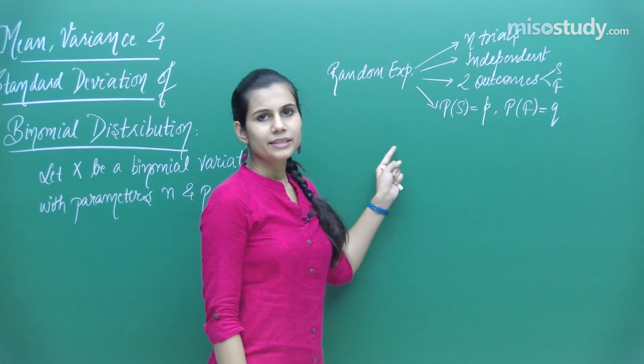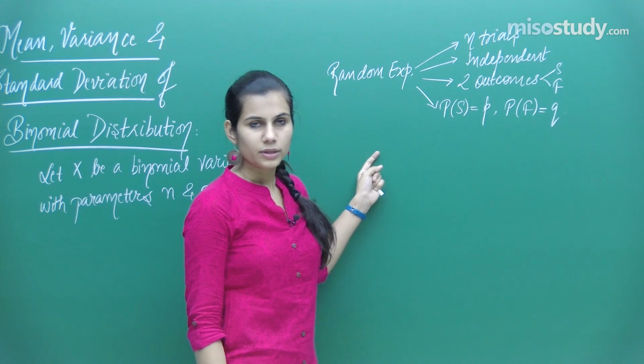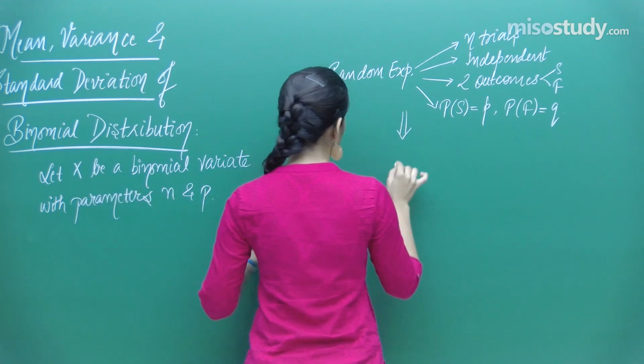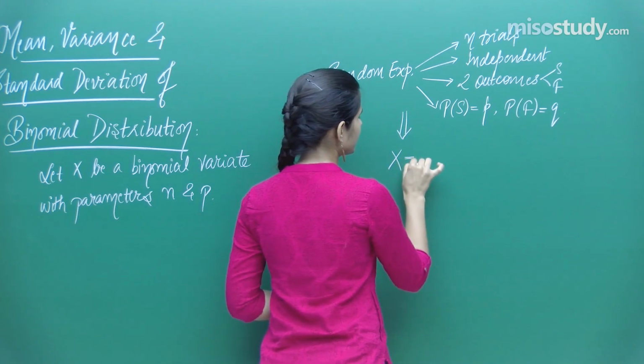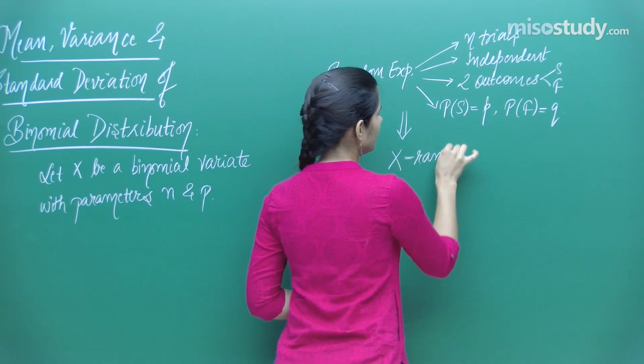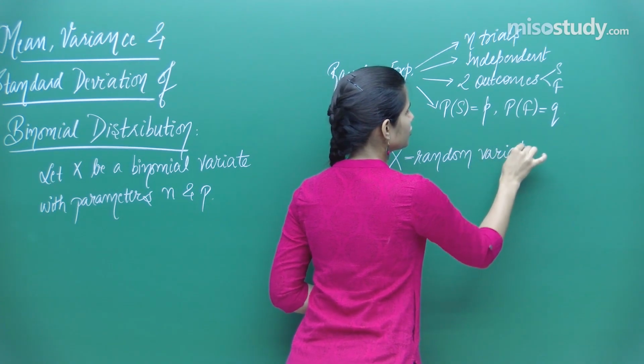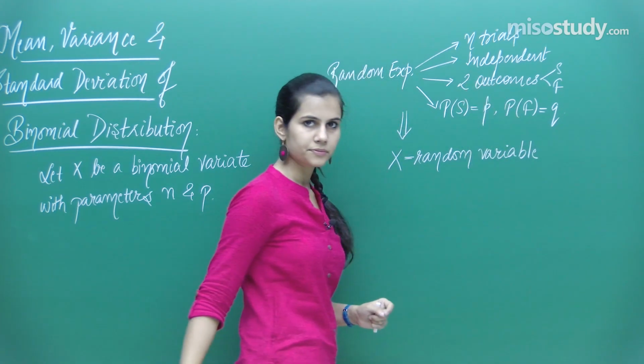This is the experiment which is being carried forward. Associated to this experiment is my given binomial variate X. X is a random variable associated to such a random experiment.